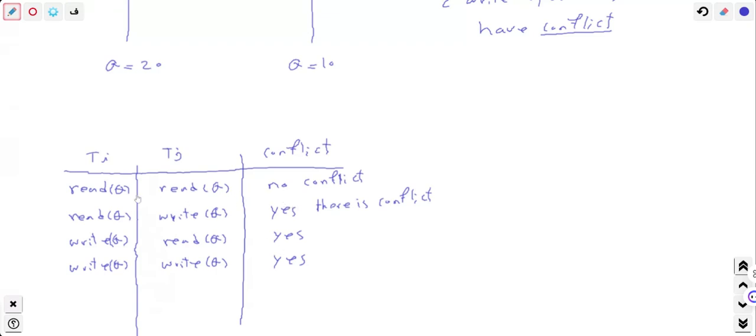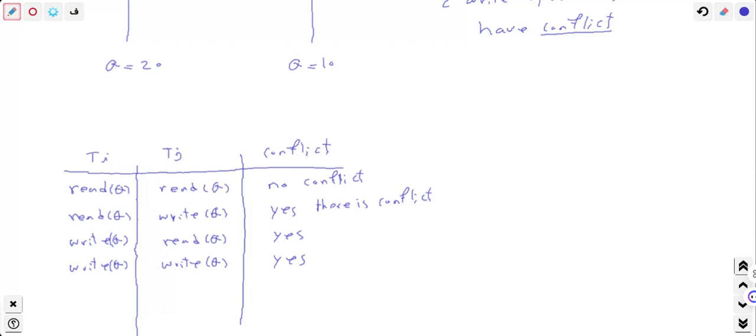So only for two reads we do not have conflict. Read and write, write and read, write and write have conflict, and the order of their execution is important.